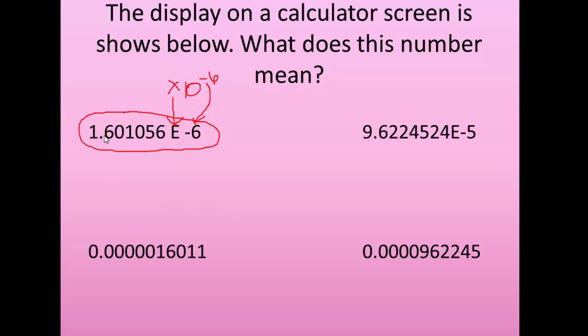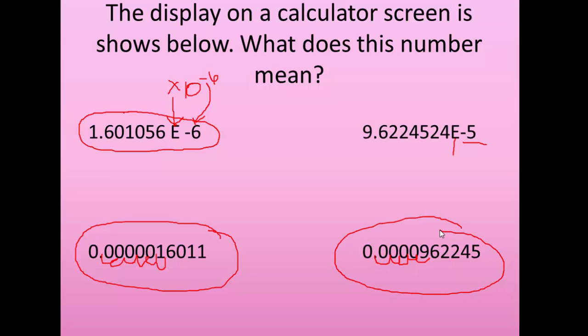So then you can just take this number, move it over 1, 2, 3, 4, 5, 6, and that would be your number in standard form. Same thing over here. That E is that times 10. Your exponent then is that negative 5. And that would be your standard notation.